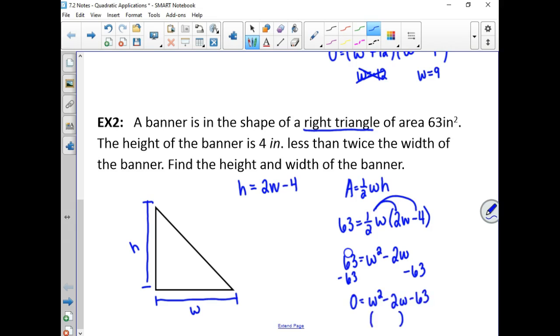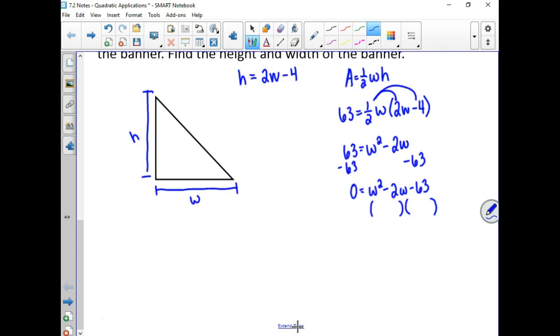I will factor this. So W squared, I'd have to have W and W, and I believe I could use a minus 9 and a plus 7 here. So that would give me answers of W equals 9 and W equals negative 7. Just like with the last problem, we need to throw out that W equals negative 7 because we cannot have a negative length.